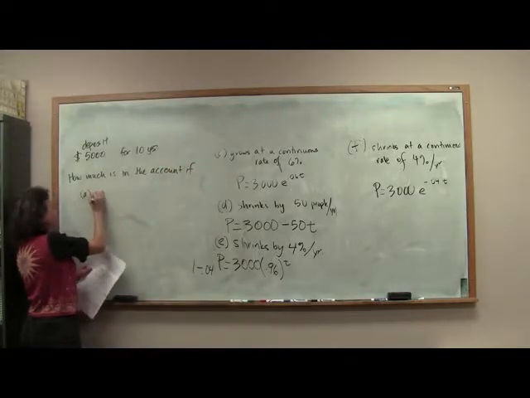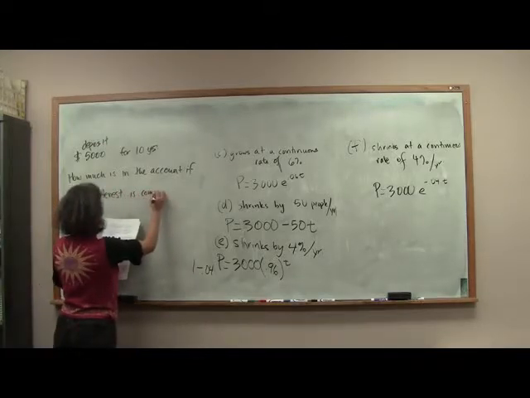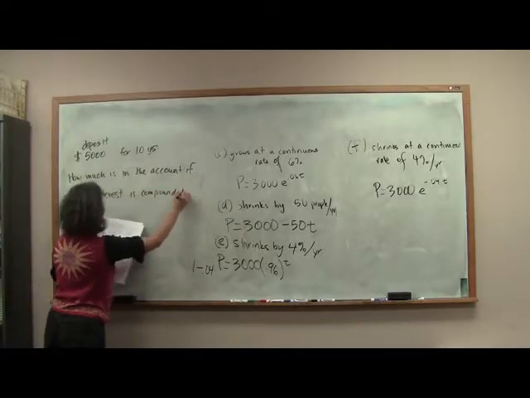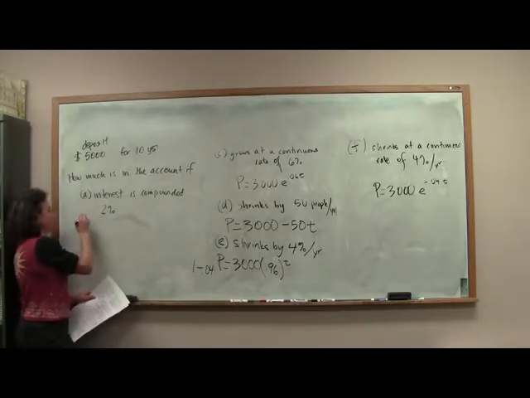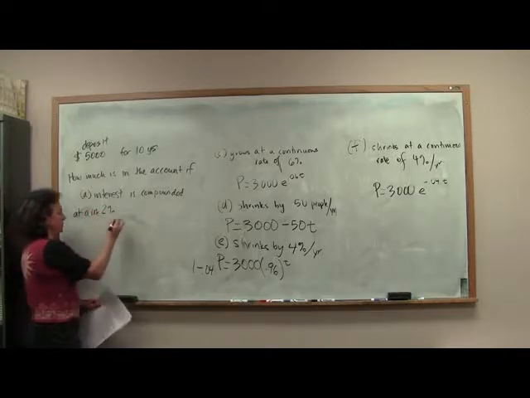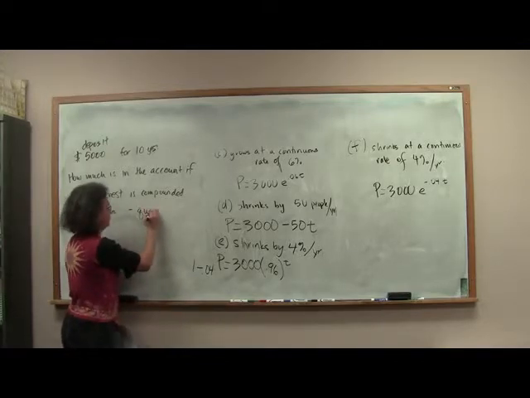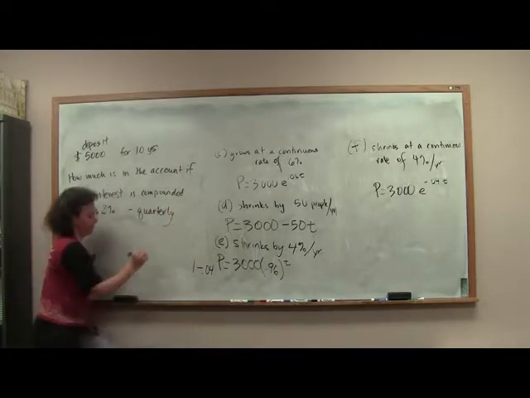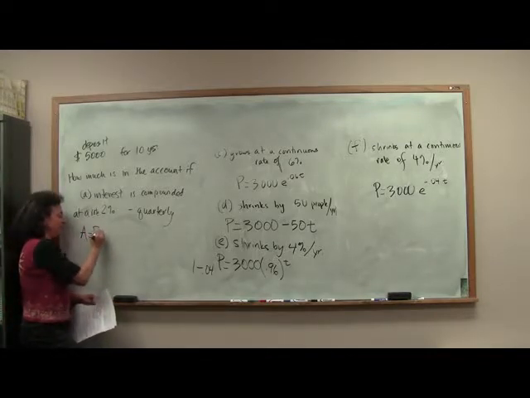if, part A, let's say interest is compounded with an APR of 2%, or let me just say at a rate of 2%, and let's have it be compounded quarterly. Okay, this is what we did in our last section.